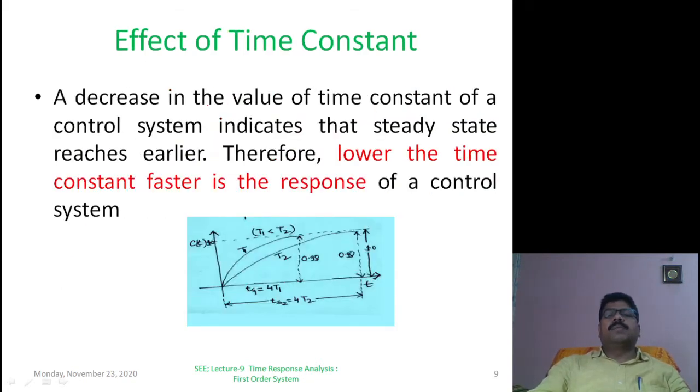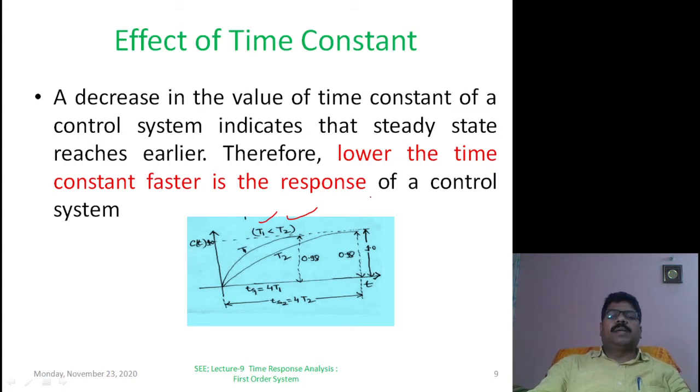Now the effect of the time constant: in this diagram you can see we have two time constants, t1 and t2. Here t1 is assumed to be less than t2. So the system with time constant t1 will reach the desired output earlier than the one with t2.